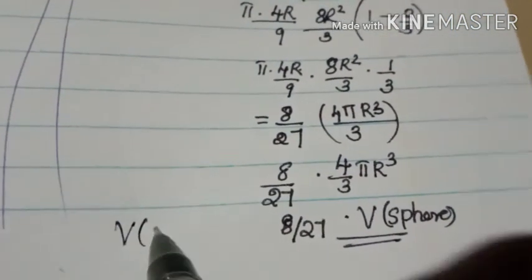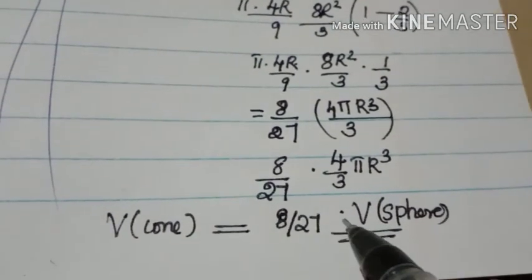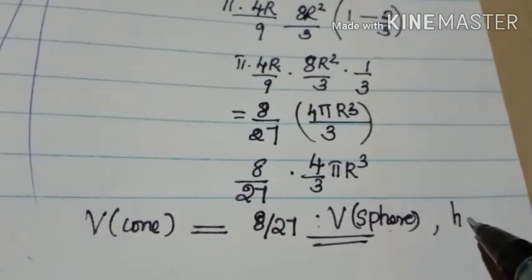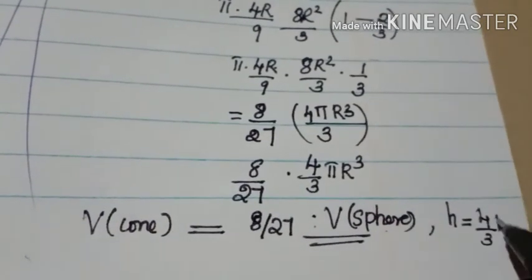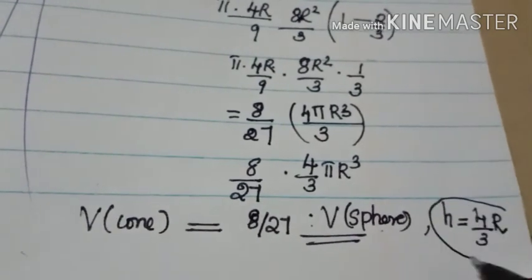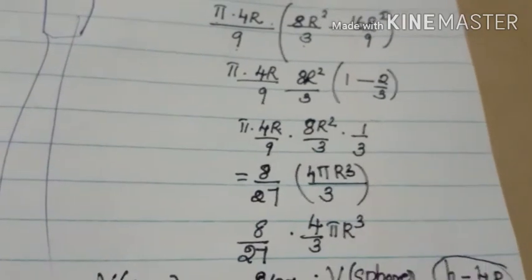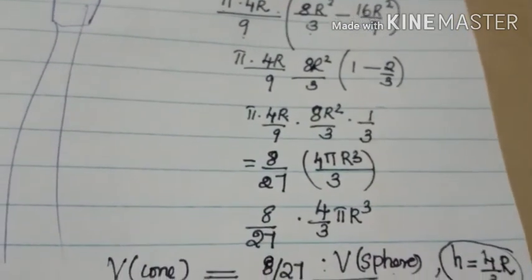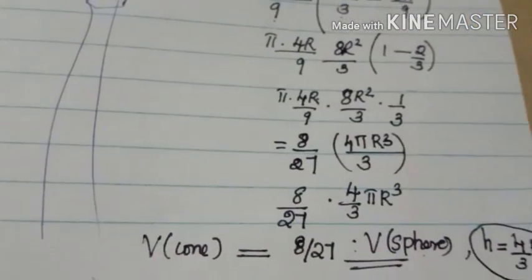So volume of cone is equal to 8 by 27th of volume of sphere when height of the cone is equal to 4 by 3 of radius of the sphere. So okay, this is the problem. In this manner maybe they will ask word problems, so you have to go through the same procedure. Okay.